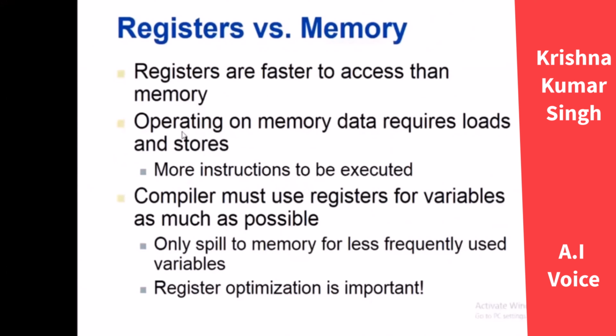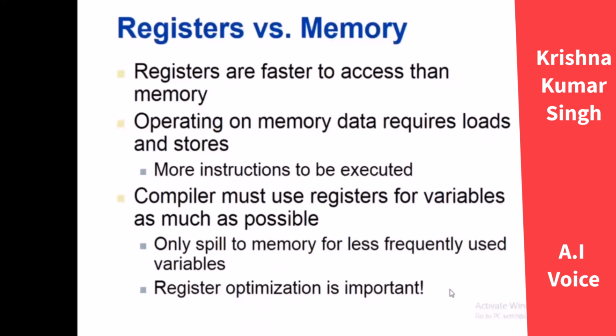So of course, when you want to perform an operation, first you have to read the data from the memory and store them in some temporary registers. So operating on memory data requires load and store. In order to make the execution of the program faster, the compiler should use registers for the variables as much as possible.